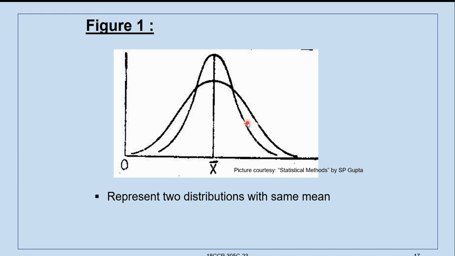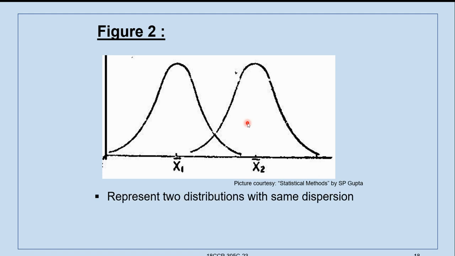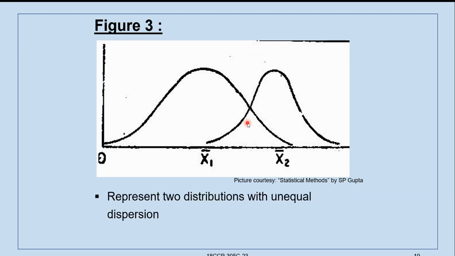Take for example the A and B series in the previous example, with different dispersions. And in these two series, you see, there is no common point where the mean lies. You can take this as series B and series C, what we have seen. They represent two distributions with the same dispersion, but with unequal means. Here also, wide dispersion is there.